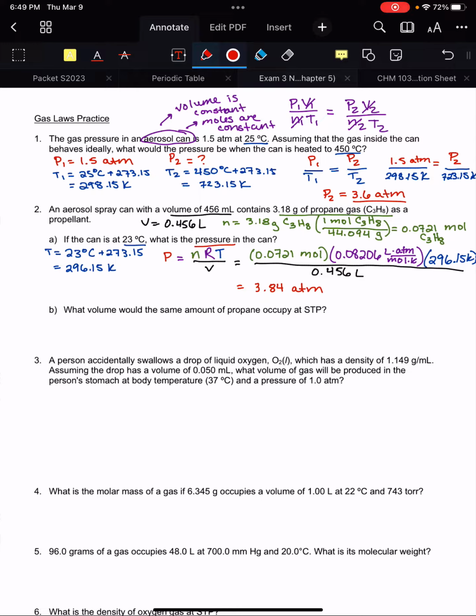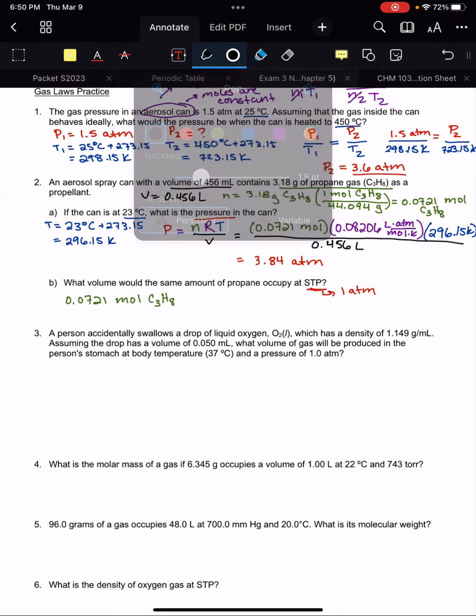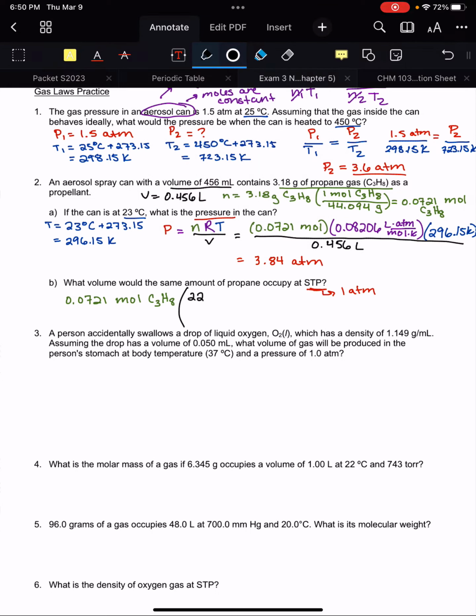What if instead of pressurizing the can, we didn't put it under pressure and just left it at 1 atmosphere, because that's what STP means, that it's 1 atmosphere of pressure. Let's see what this does. We know that if we have 0.0721 moles of our gas, at STP this has a conversion factor of 22.4 liters per 1 mole.